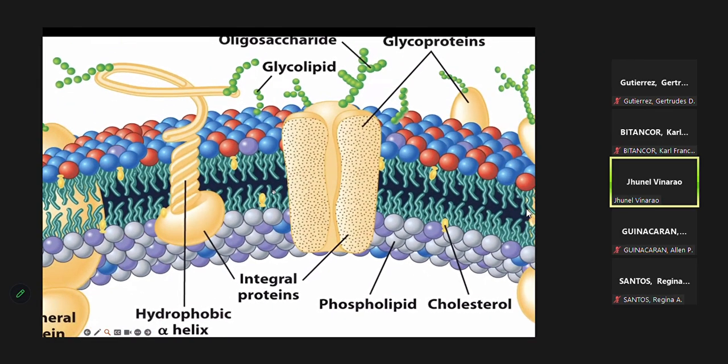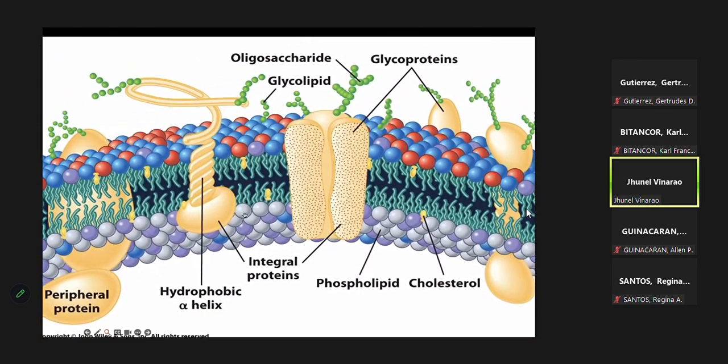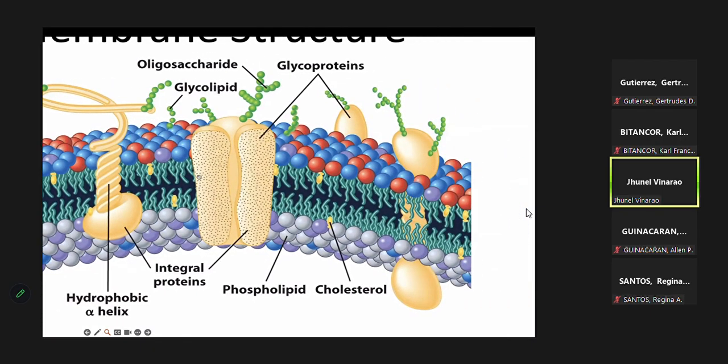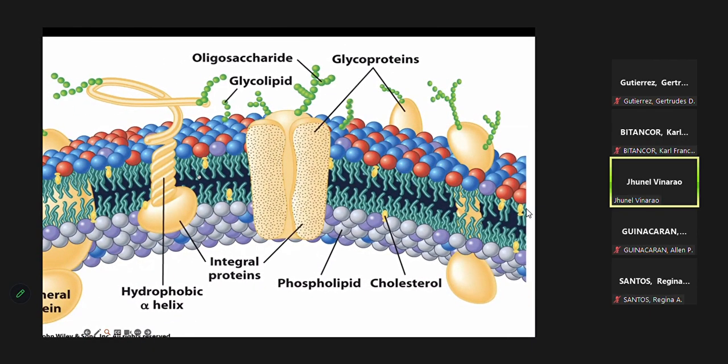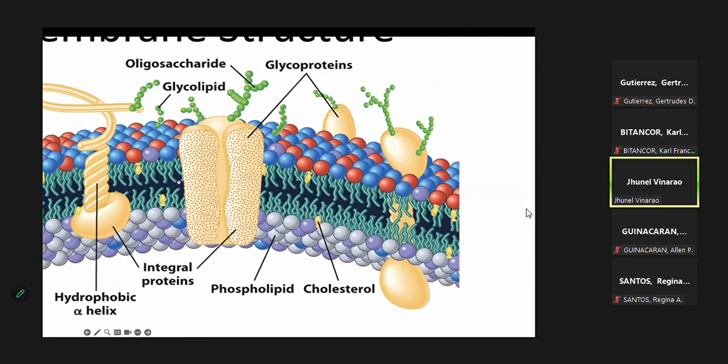And what else do we see in this picture? Some of these proteins are alpha helix. Though alpha helix is common in the cell membrane, there are also beta structures like the porins, because this beta structure can form barrels.